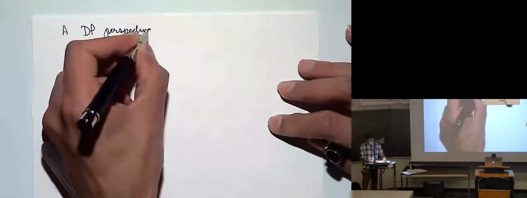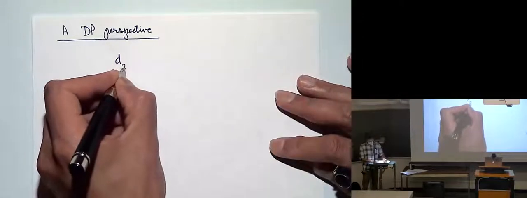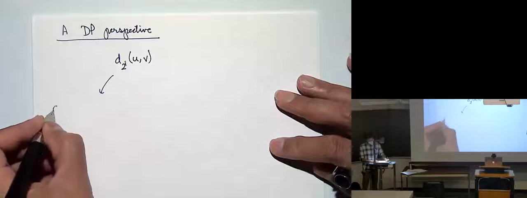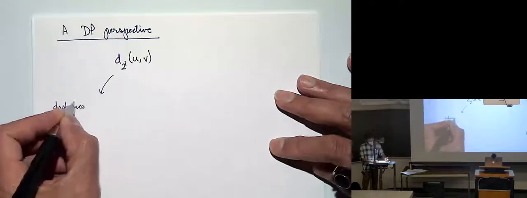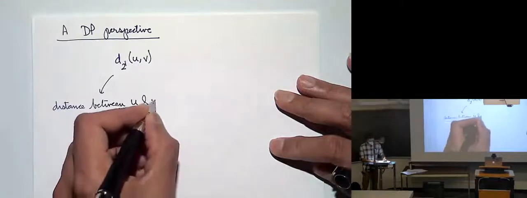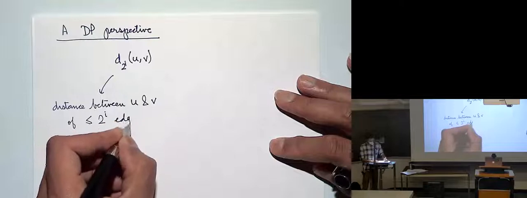What we have is a dynamic programming perspective is to say that d of 2 to the i, u, v, is the distance between u and v of at most 2 to the i edges.